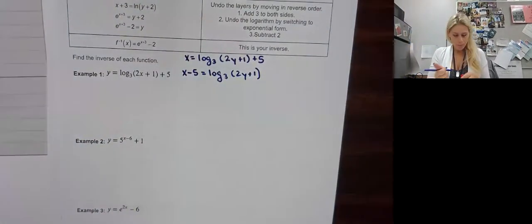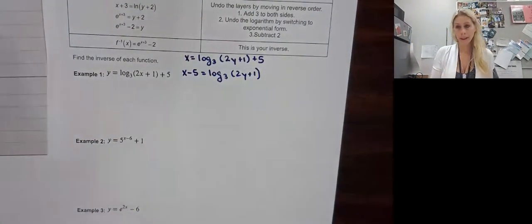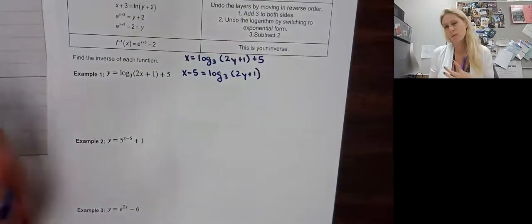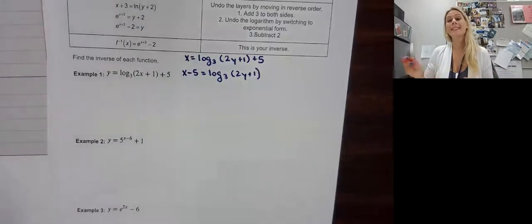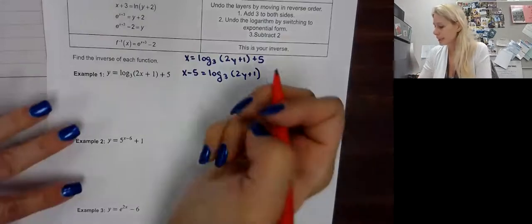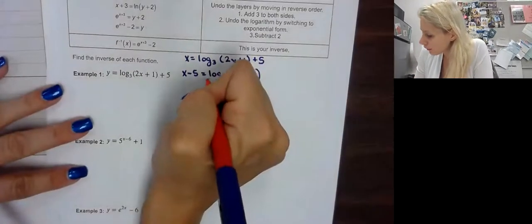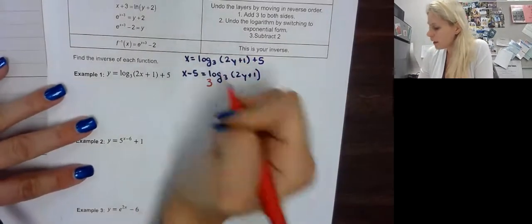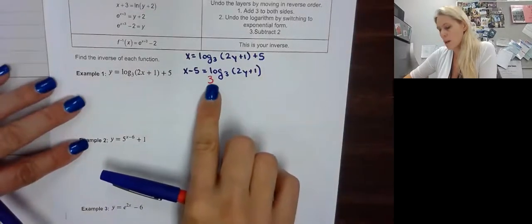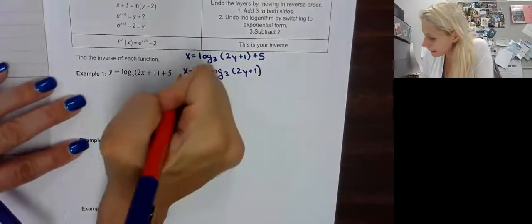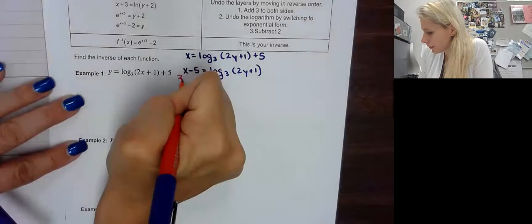Now, to get rid of the log base 3, when I think of exponential, what is the base? The base is 3. So I'm going to write in another color so you can see how I write this. To get rid of log base 3, I have to have a base 3, right? That exponential. Whatever I do to one side, I have to do to the other.